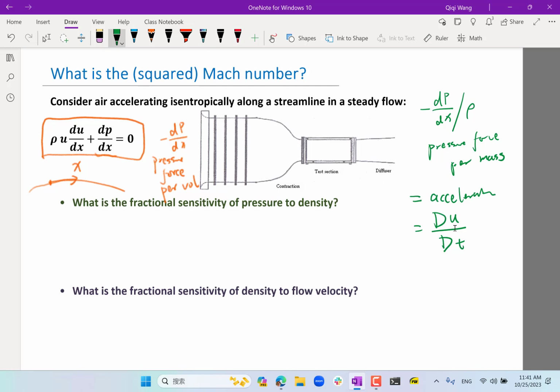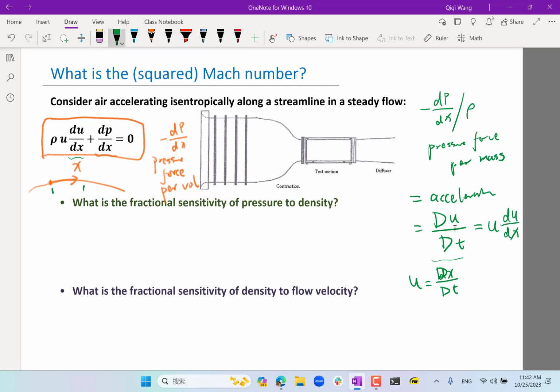That's because as we follow a streamline between two different times, we're traveling in space, so we look at how much the velocity differs over space. And u itself is the ratio of dx over dt, so du over dt can be translated into u times du over dx.